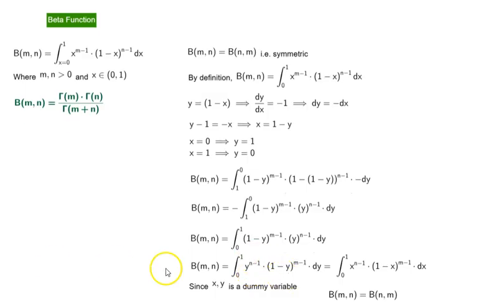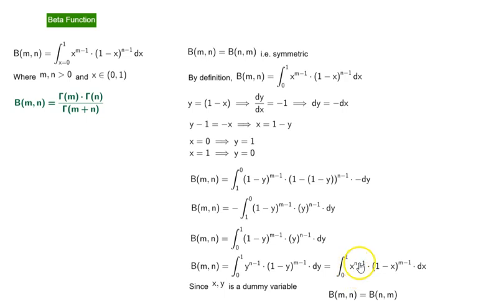So we have arrived at the fact that beta of m comma n is equal to beta of n comma m. That is, it is symmetric. Make sure that you observe that it is actually symmetric. Here we have x to the power of m minus 1.